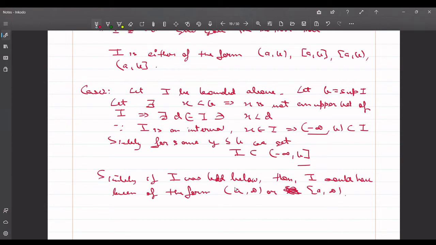Okay, so it is either of the form this, and if it is neither bounded above nor bounded below, then that is trivially minus infinity to infinity.